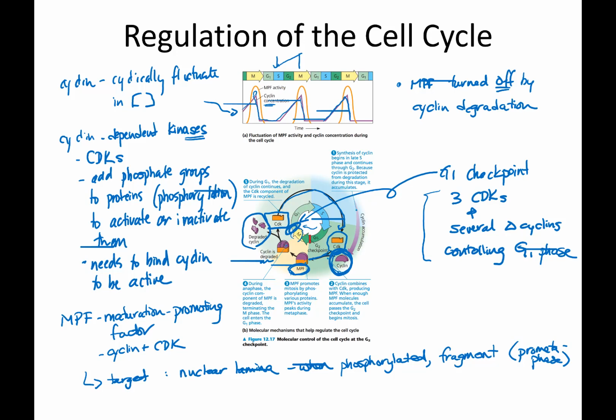And once cells pass G1, usually they will go through the entire cell cycle. So this cyclin and CDK is one signal that's regulating the cell cycle, but there are other signals that regulate the cell cycle as well.